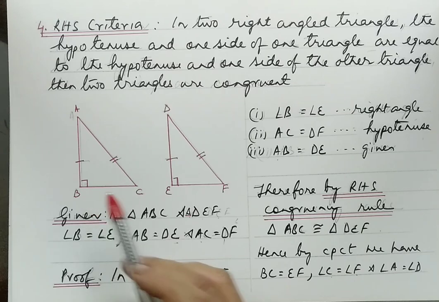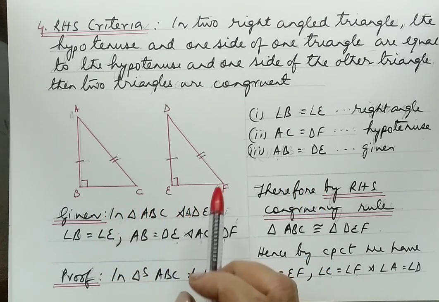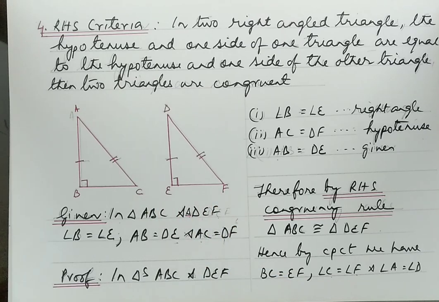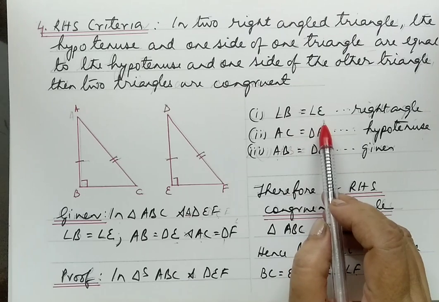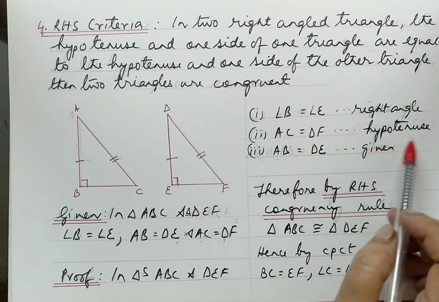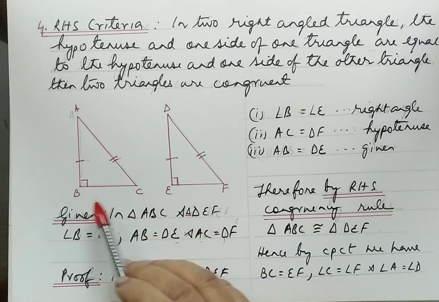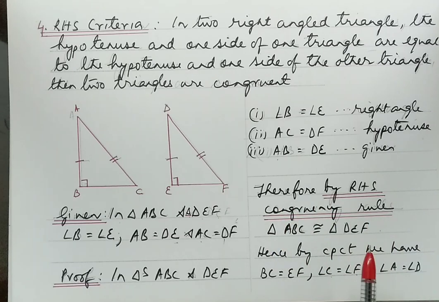That's also eligible, so you can accept this also if they give you the base equal to each other. In a similar way we write over here, angle B is equal to angle E, right angle, AC equals DF, which is the hypotenuse, and one side which is the altitude, which is also given. So therefore we are able to do it by the RHS congruency rule.